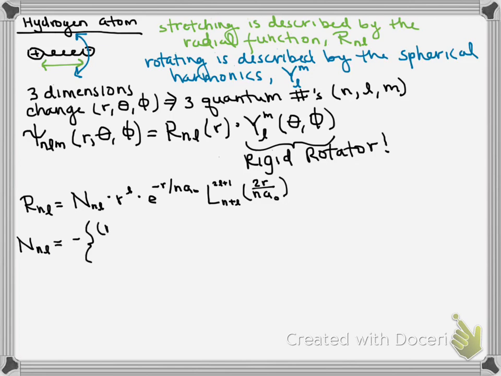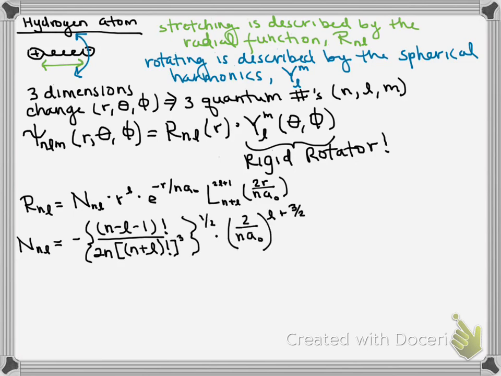And so let's look a little bit at N. Our normalization constants seem to just keep getting a little bit more complex each time. So our normalization constant for our radial wave functions looks like this. It's the square root of the quantity (2 over n a naught) cubed times (n minus l minus 1) factorial divided by 2n times (n plus l) factorial, all times the quantity 2r over n a naught to the l power.